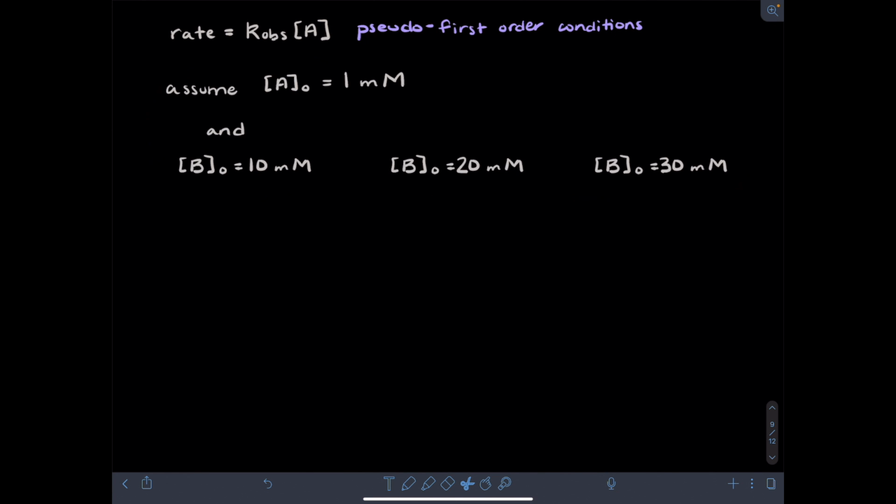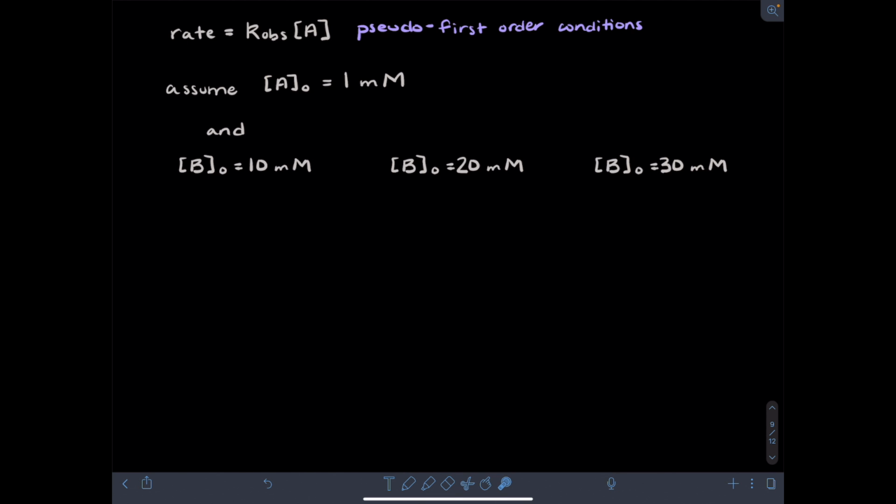So let's consider 3 experiments. Assume in one experiment you have the concentration of A as 1 millimolar and the concentration of B as 10 millimolar. In the second experiment, you keep the concentration of A the same, 1 millimolar, and you have B equal to 20 millimolar instead.